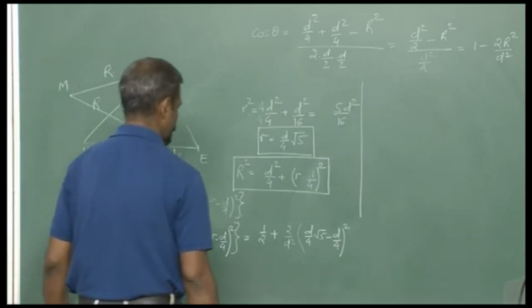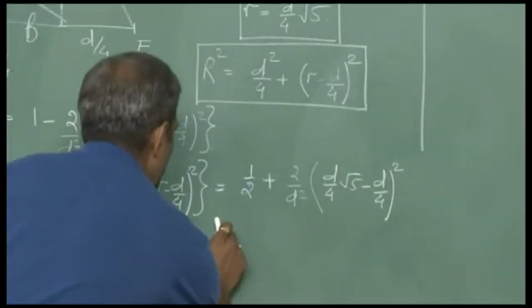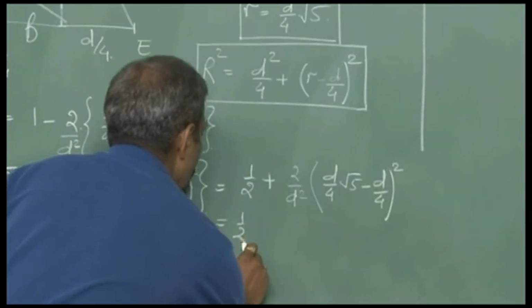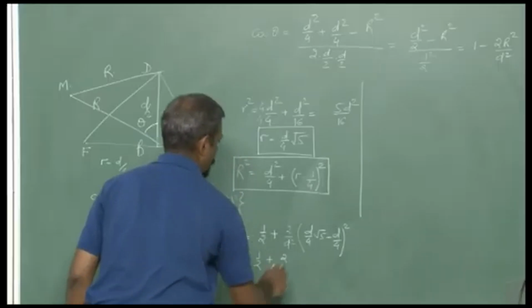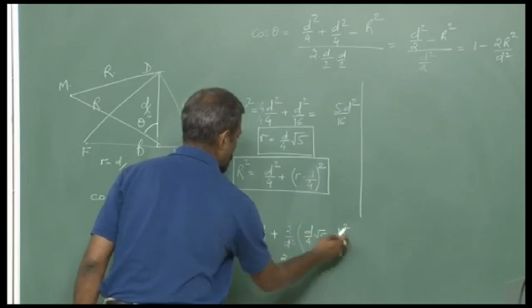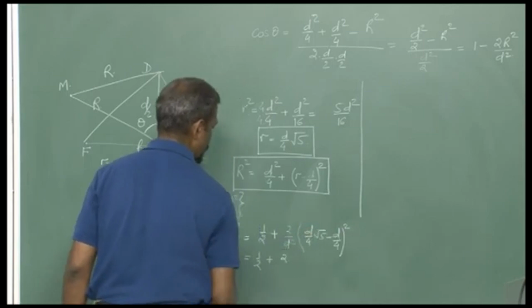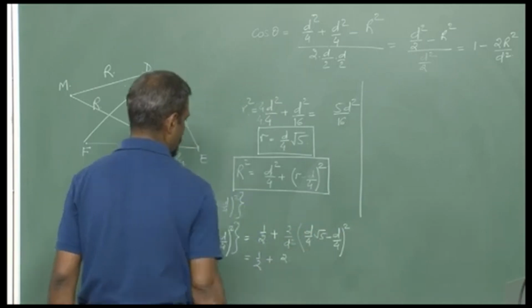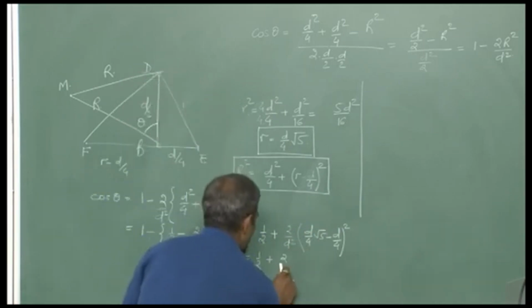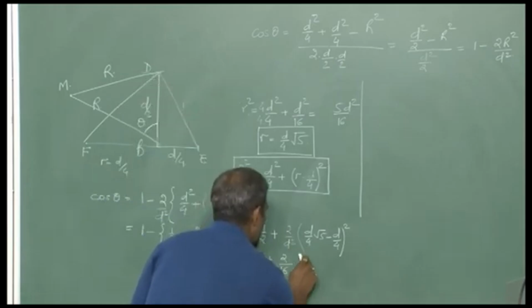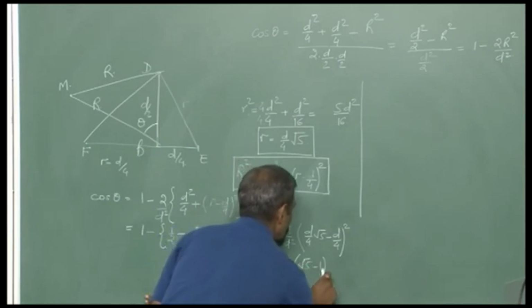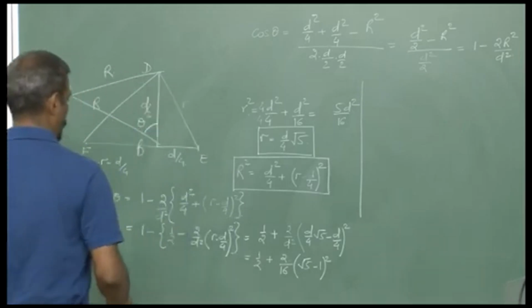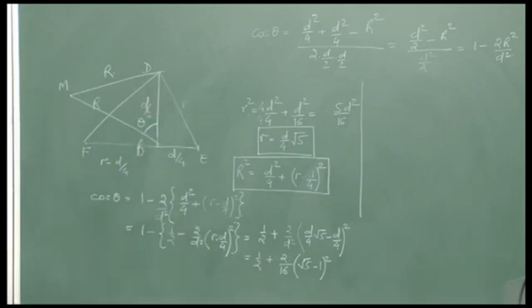Okay. And so this would be equal to half plus 2. So this d would come out and get cancelled with d squared here. From here we will be getting 16. So let me write this thing down over here, 16, and then this is root of 5 minus 1 the whole square. Let's see what this is.